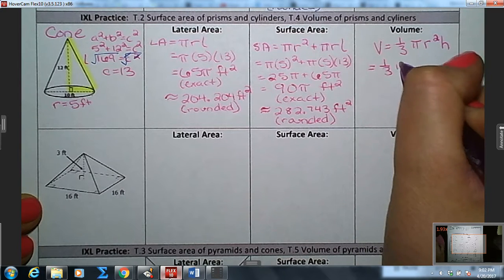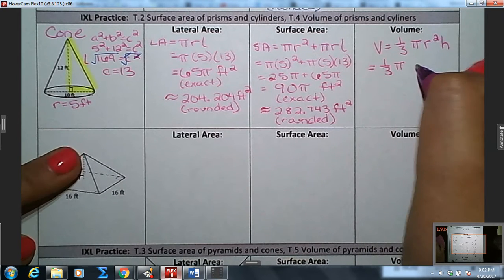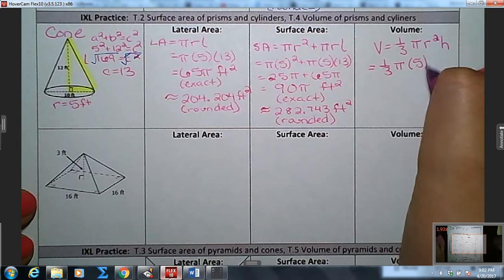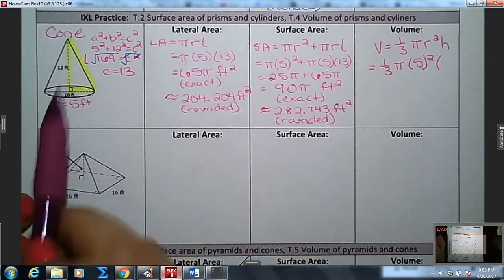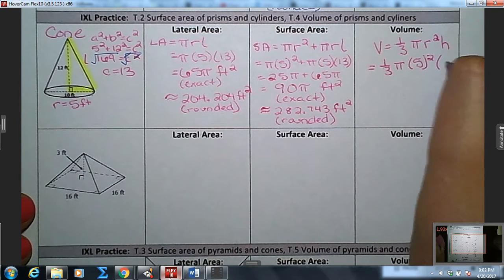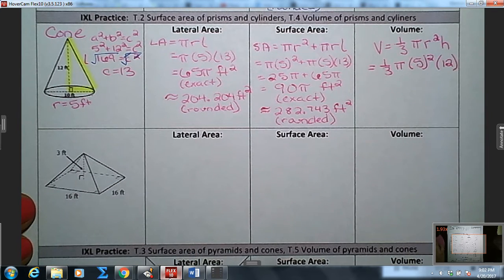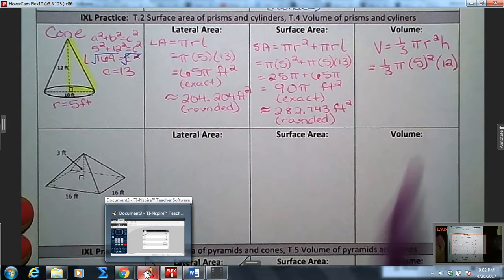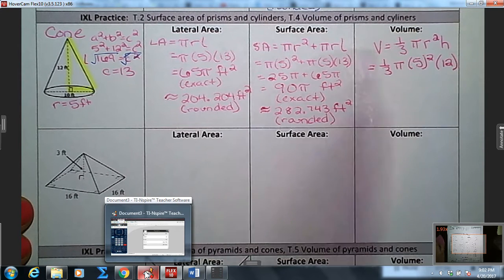We already know that the radius of the cone is 5, so 5 squared. And the true height of this cone, not the slanted height, the true height is 12. Okay, in order to get an exact value, I'm going to use my calculator and I'm going to type in everything except the pi.